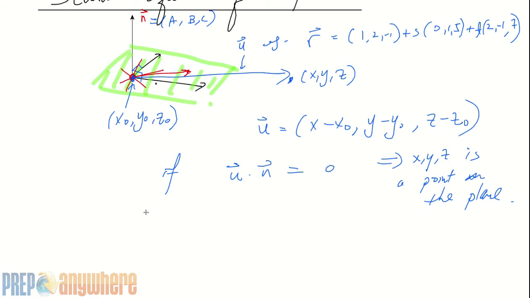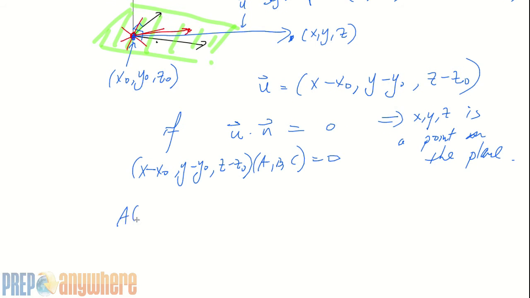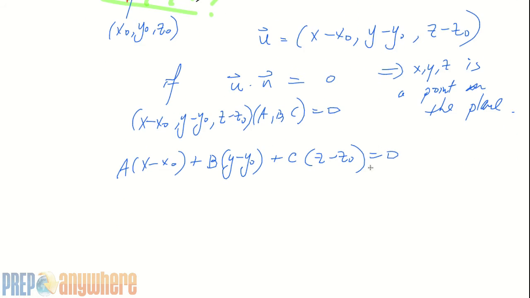Okay, so let's write that out. N is (A, B, C). Taking the dot product, you get the following. With distribution, you get AX + BY + CZ.